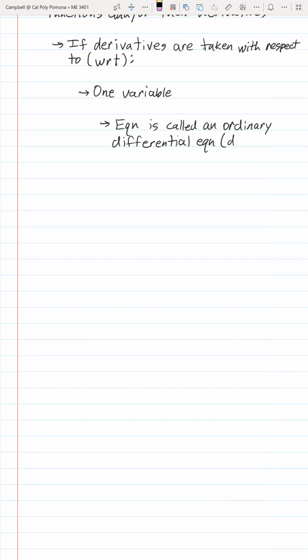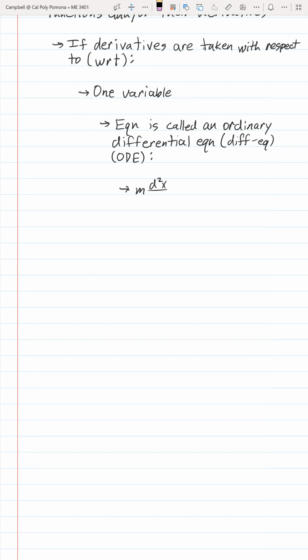And here we will refer to those in shorthand as Diffy-Q. And when we're talking about an ordinary differential equation, we can say that that's an ODE. Again, ordinary differential equation.